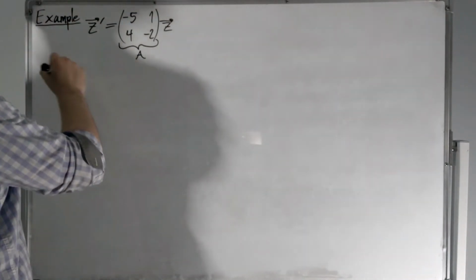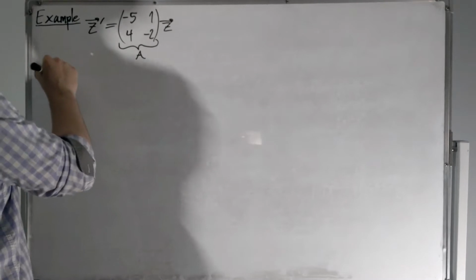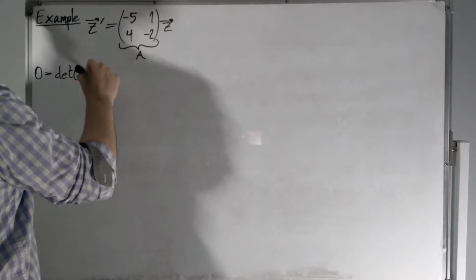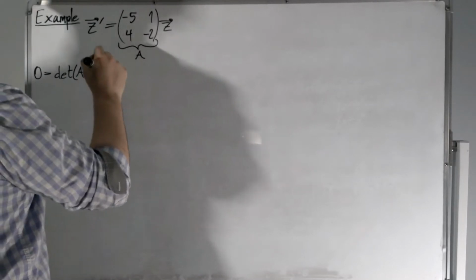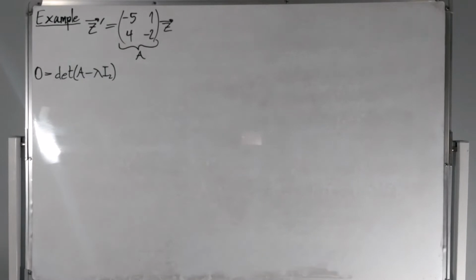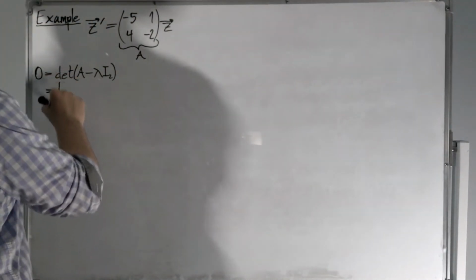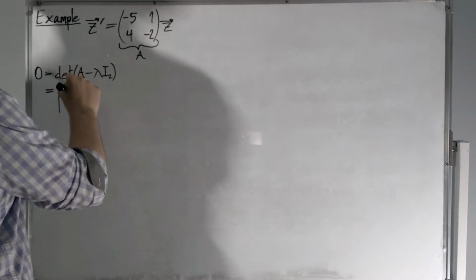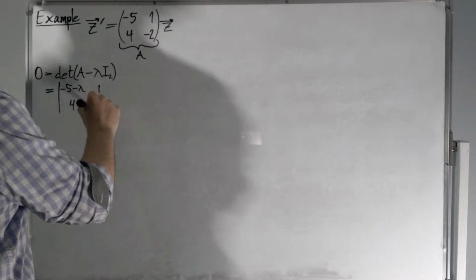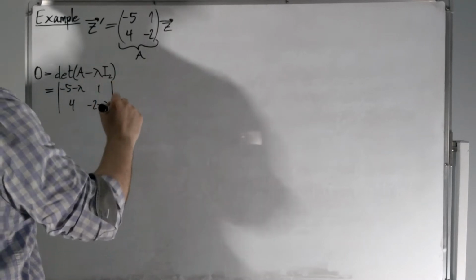We need to find the eigenvalues of A, so we need to take 0 equals the determinant of A minus lambda I2. In our case, that's the determinant of -5 minus lambda, 1, 4, -2 minus lambda.